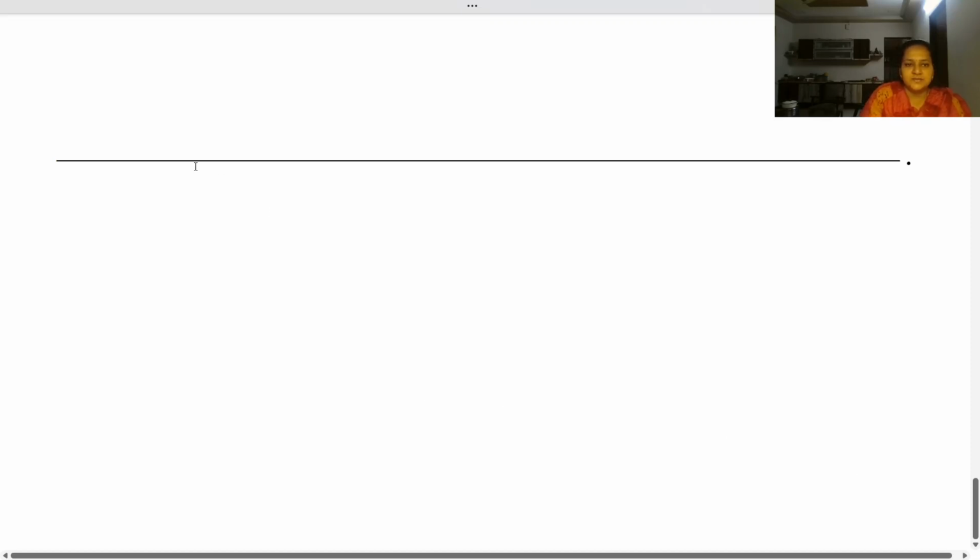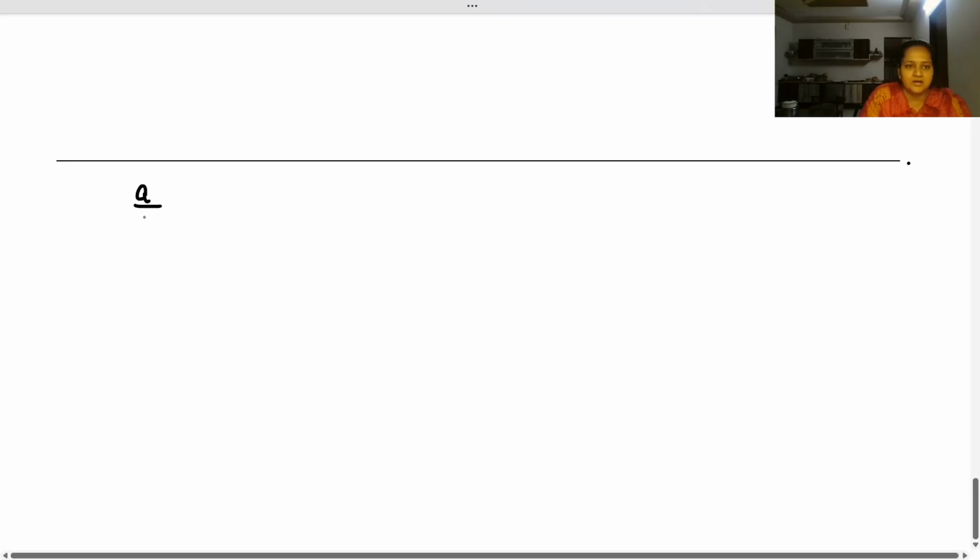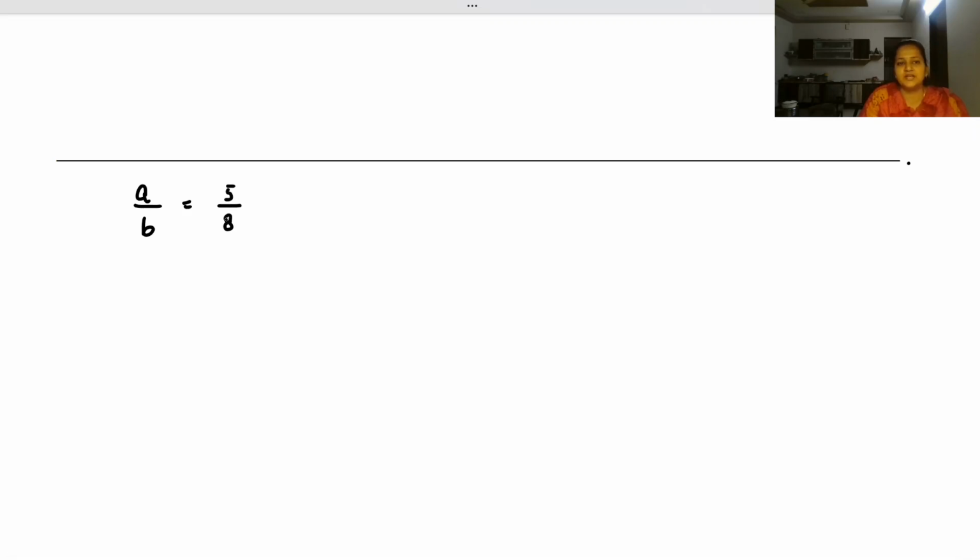Okay. Suppose I have A upon B is some number, say 5 upon 8. Okay, we have a fraction A upon B is equal to 5 upon 8. Now what is the meaning of componendo? Componendo means adding 1 on both the sides. That means it will be A upon B plus 1 equals 5 upon 8 plus 1.